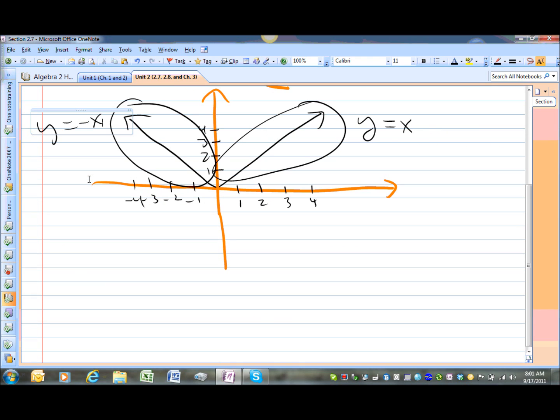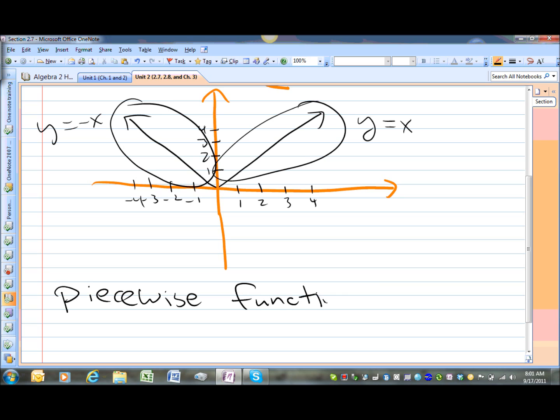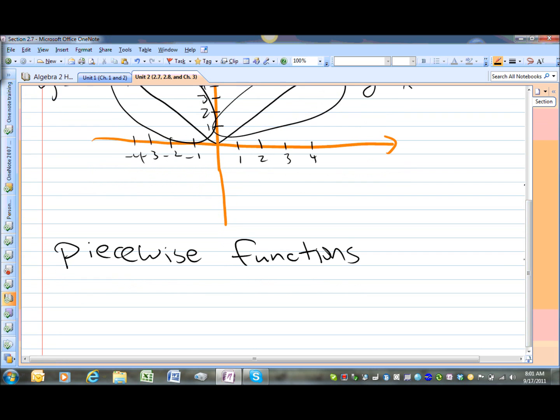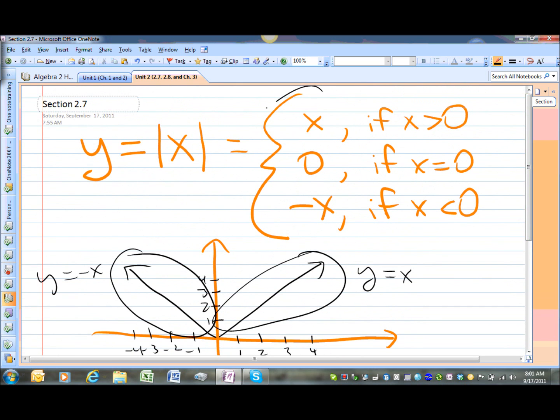What I want to talk about today in relation to the absolute value graph is something called piecewise functions. This is the extension of section 2.7, which is stated on page 130. So a piecewise function is exactly what we see here. That's a piecewise function.